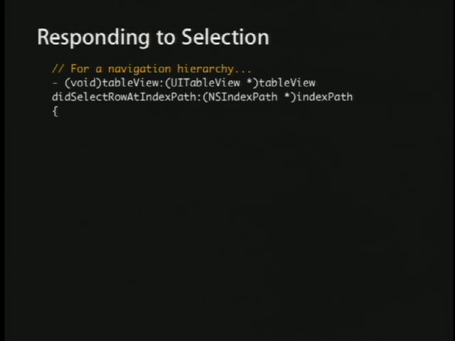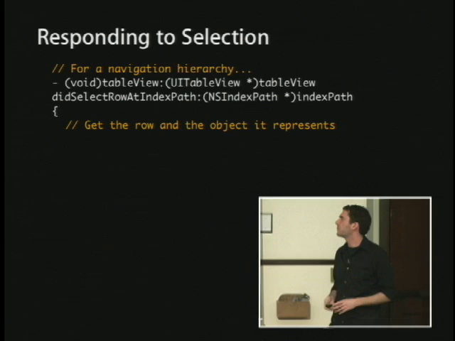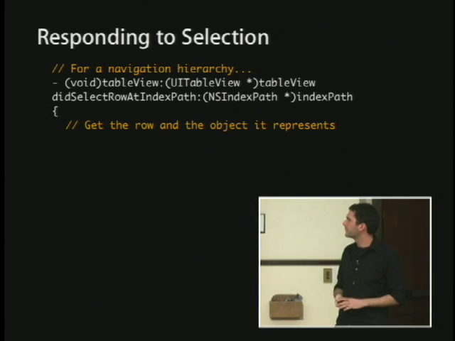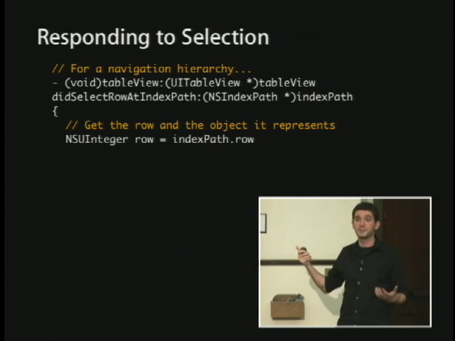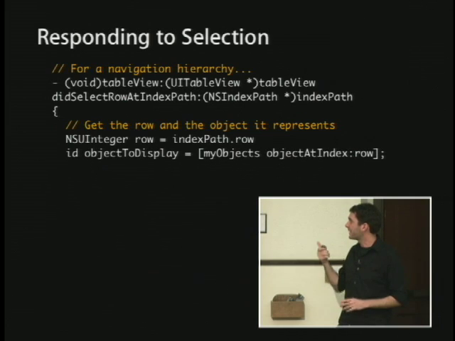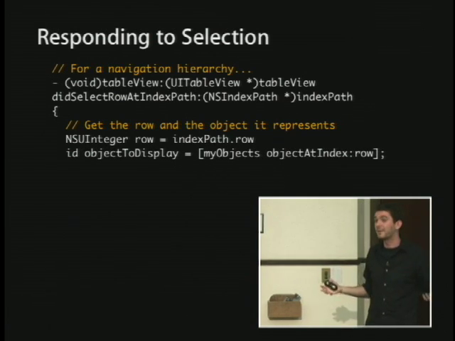So how do you respond to selection? We just talked about this didSelectRowAtIndexPath method, and we kind of talked about what you might do with it already, but let's take a little look here. First off, you're going to get the row out of the index path to figure out what it is that the user tapped on. We're going to get the object out of some array of objects, presumably. You could pretty much be storing your data any way that you liked, but in this case, we'll assume we have an array of objects.